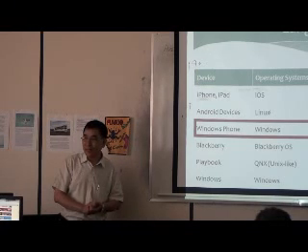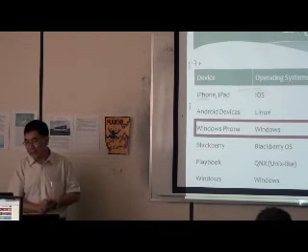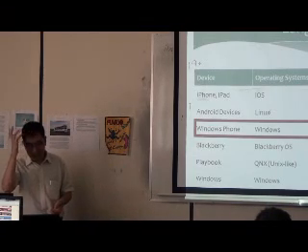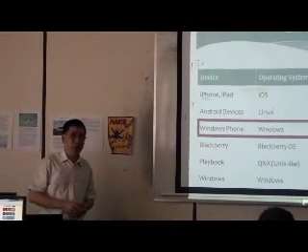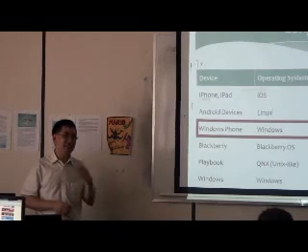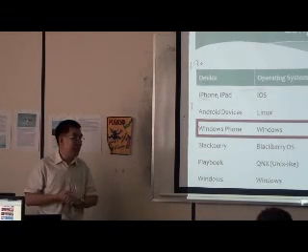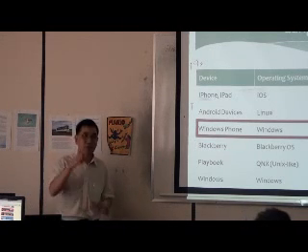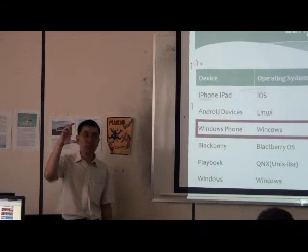And later on, they released another phone. I forgot the exact name. It lasted only 2 weeks before they discontinued it, because there was one team using the Zune, Z-U-N-E, the Microsoft mp3 player.